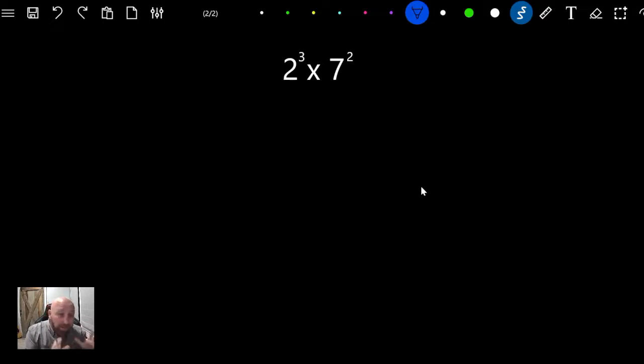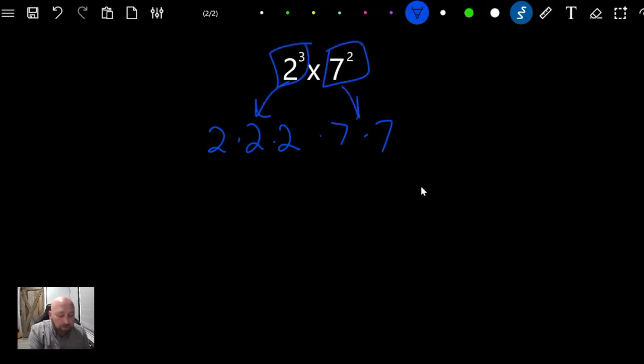So we're going to use actual arithmetic, and we're going to do this on our own. The easiest way to do this is to just write it out longhand like we were writing it before, okay? And that will help us to see it. So 2 times 2 times 2, and then another times, and then 7 times 7, because there's 2 cubed, right? And there's 7 squared right there.